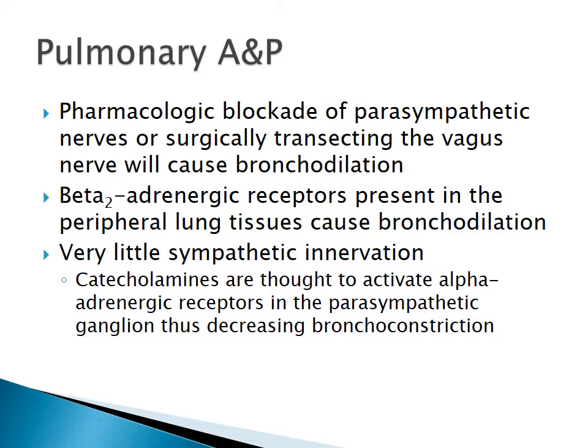That is an extraordinary step to take for somebody that has bad airway disease, that is constricted. To get rid of the vagus nerve innervation to that is an extraordinary step, but it does happen. Beta 2 adrenergic receptors are present in the peripheral lung tissue and cause bronchodilation, right? So that's where the racemic epi, any of your catecholamines, anything that we're giving that's stimulating that, is going to kind of open up the airways.